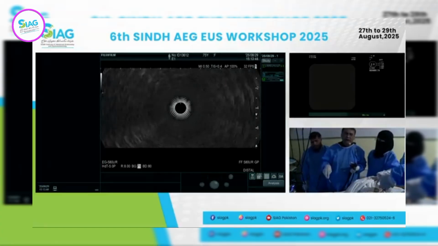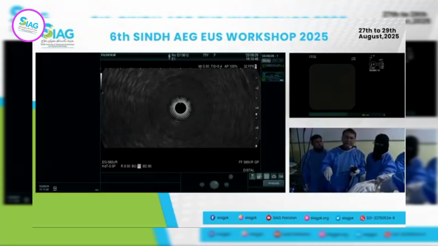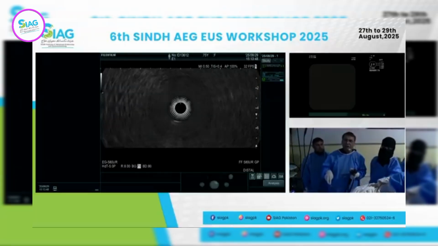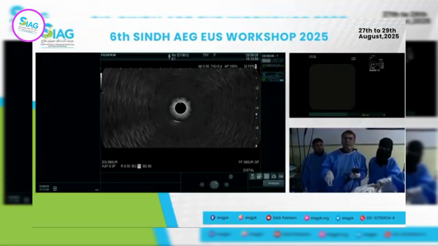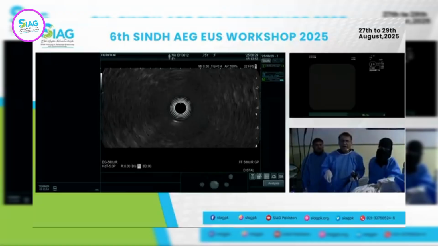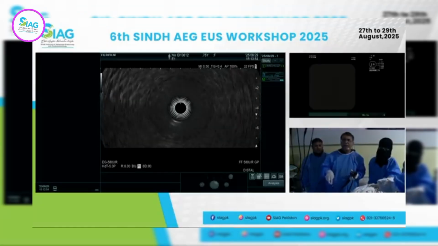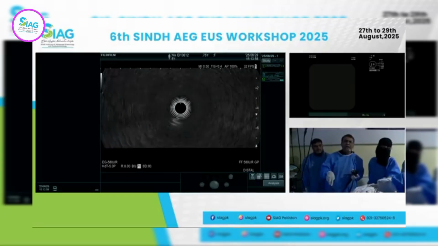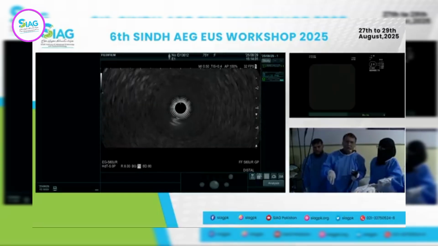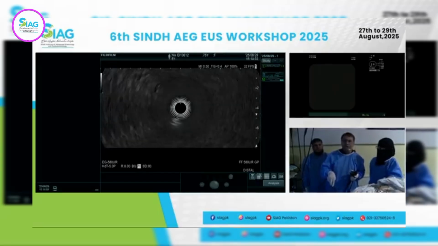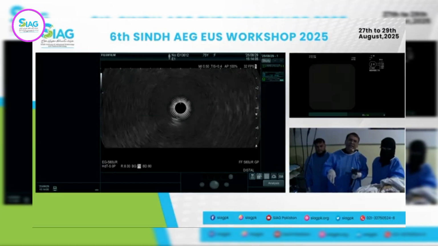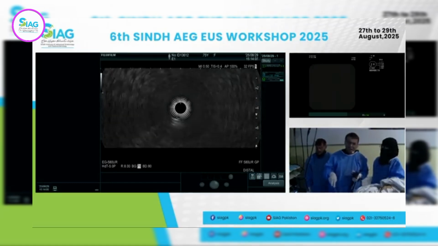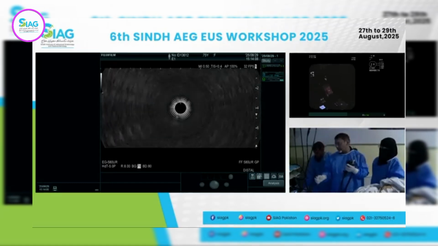For the males, obviously, Nadeem gave a really good talk on the organs to look for, and it's very easy to identify those. The way I do it usually is I will bring the bladder to the top of the screen on EUS examination. So that gives me orientation, at least anterior and posterior. So that's how we're going to do that as well.